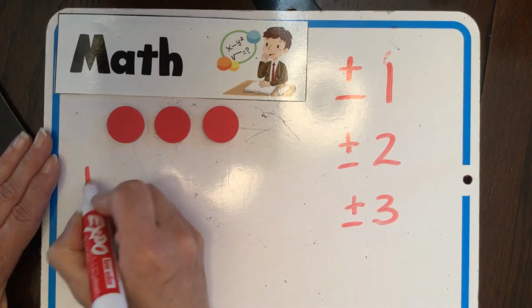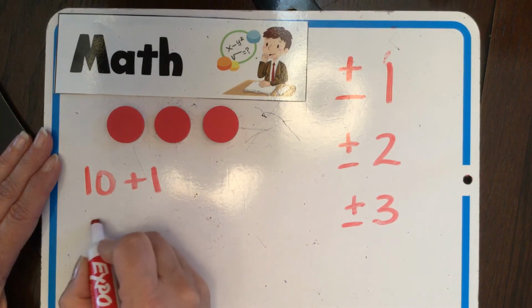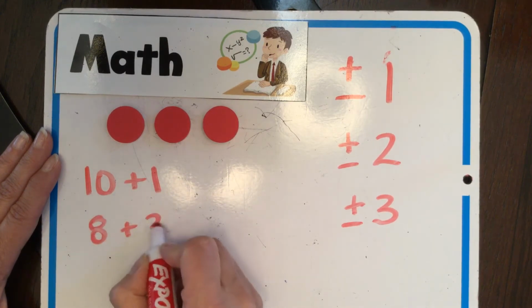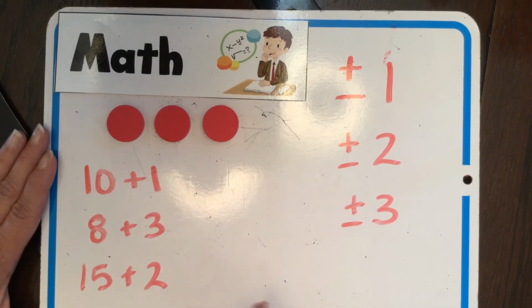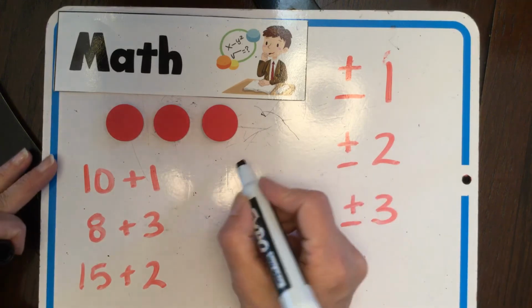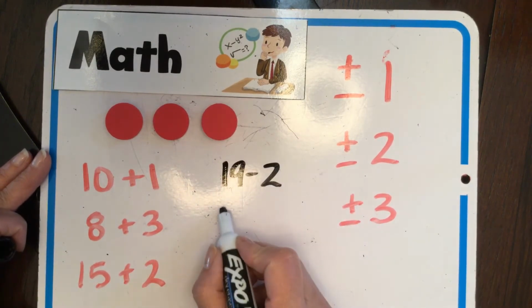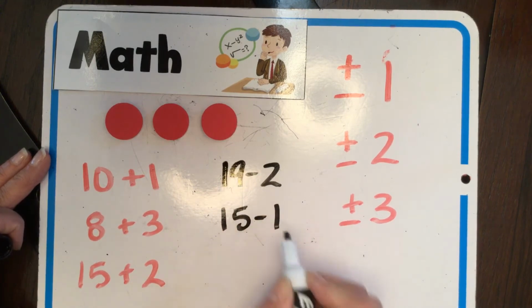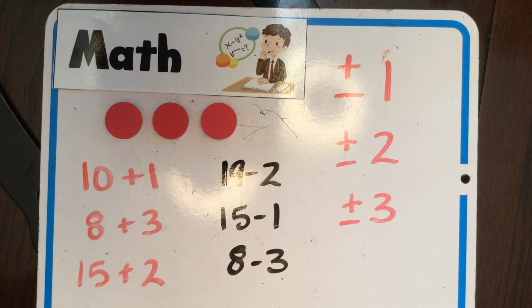So let's say our question is 10 plus 1, or 8 plus 3, or 15 plus 2. We'll do those questions. And in the subtraction problems, let's say our question was 19 minus 2, or 15 minus 1, or 8 minus 3, then we could use count on or count back with the numbers 1, 2, or 3.